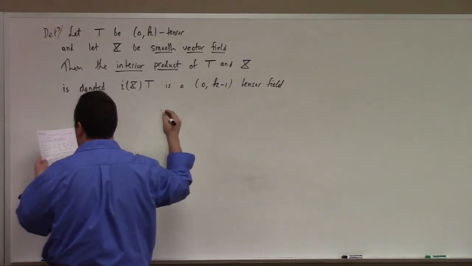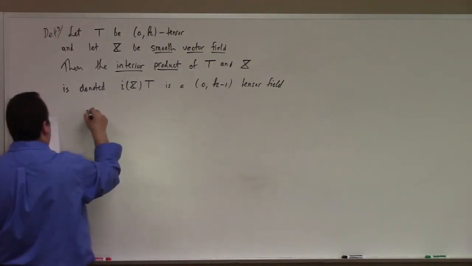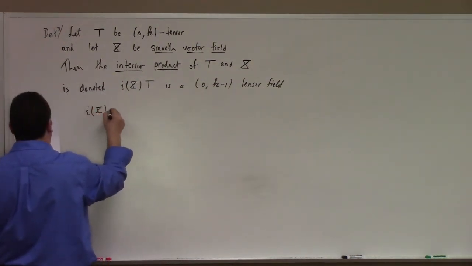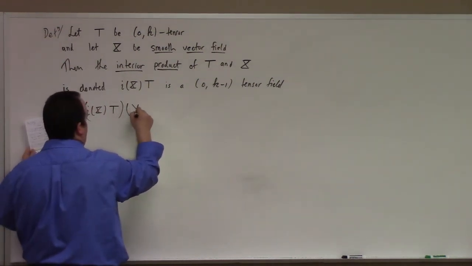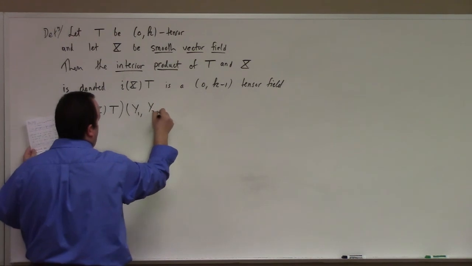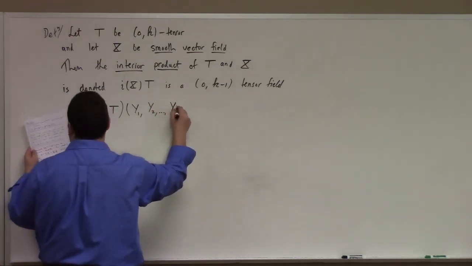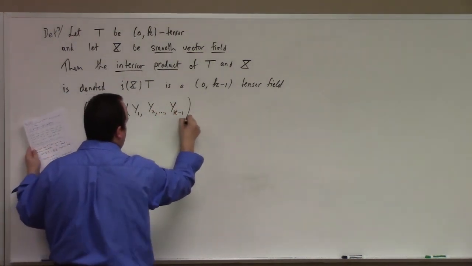And how do you do it? i_X acting on T acts on Y1, Y2, up to Y_(k minus 1), where these are smooth vector fields.